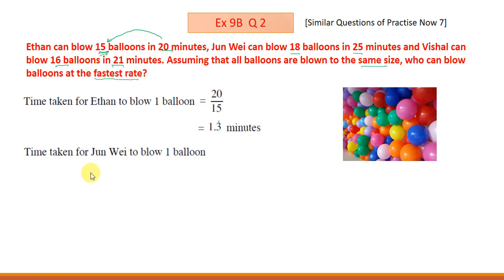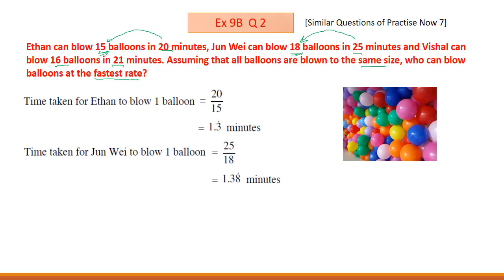Now the time taken for Junvi to blow one balloon. Junvi can blow 18 balloons in 25 minutes. So for one balloon, that will be 25 divided by 18. When we calculate it, the answer is 1.38 minutes.